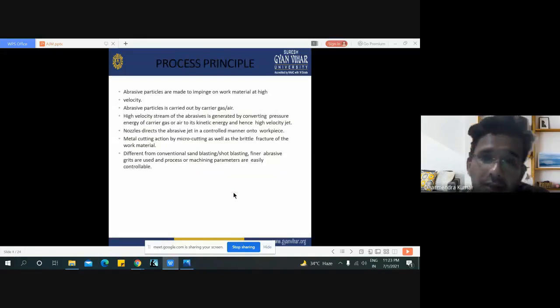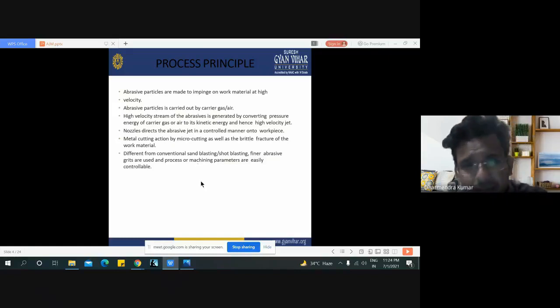Now these are some process principles. Abrasive particles are made to impinge on the work material at high velocity. The abrasive particles are carried by a gas or air. The high velocity stream of abrasive is generated by converting the pressure energy of the carrier gas or air to kinetic energy, and the high velocity jet nozzle directs the abrasive jet in a controlled manner on the workpiece.